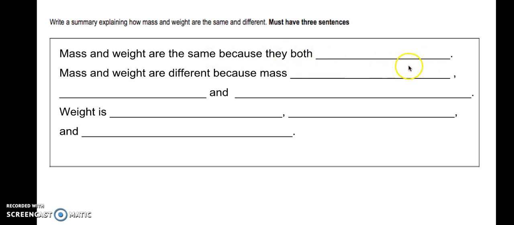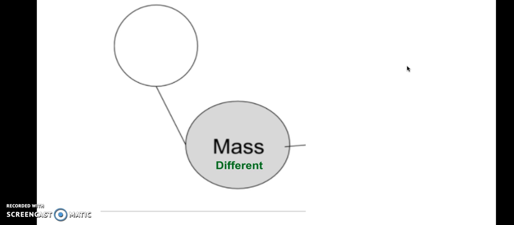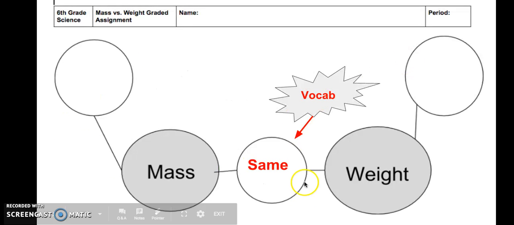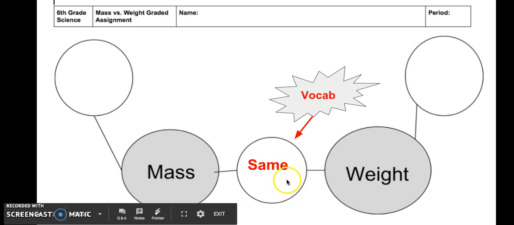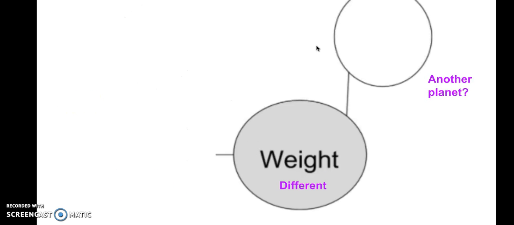You are going to fill in your blank. Now look back on the front page to your double bubble map and see what you wrote for how mass and weight are the same. You're simply going to fill in that information into your complete sentence. When you're ready to go on, press play and we'll do how mass and weight are different.